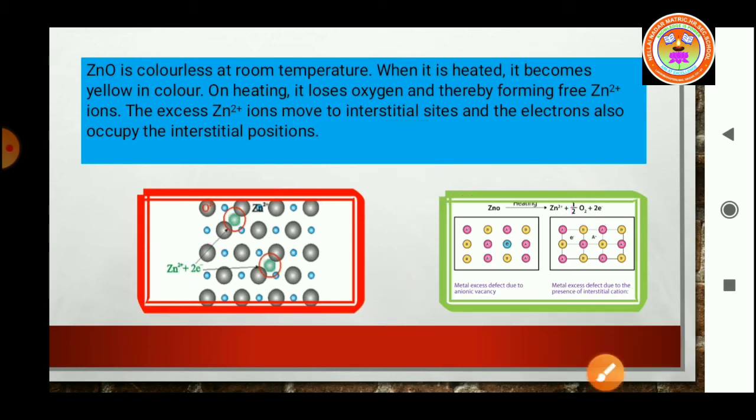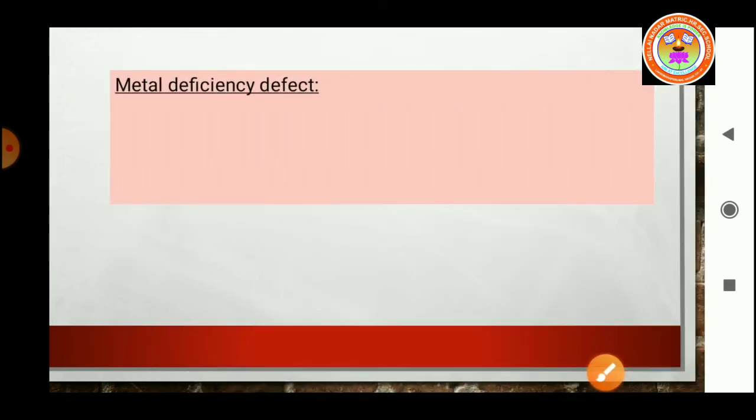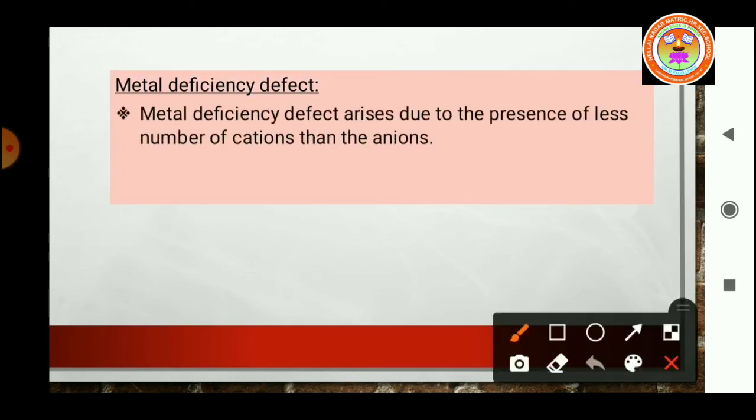Okay. So after finishing metal excess defect, the next one is metal deficiency defect. Here also the word is clearly indicated. What is deficiency? Metal. See here, less number of metal, isn't it? So metal deficiency defect arises due to the presence of less number of cations than the anions.